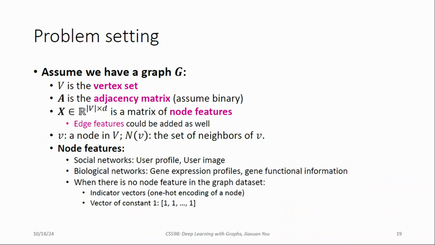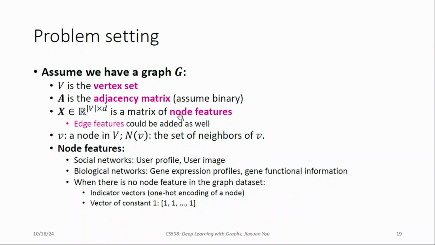And so in a formal setting, in graph learning, we will assume the data that we're dealing with is called a graph, where the graph is represented by a vertex set, which is the node set, and an adjacency matrix, which captures the edge information.